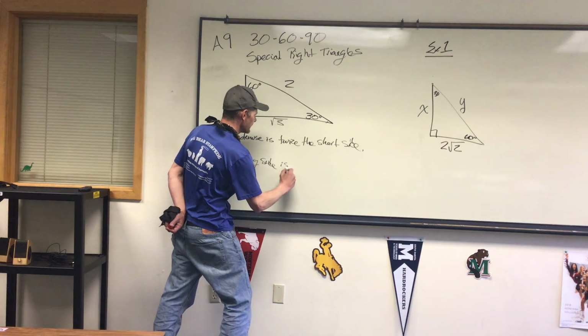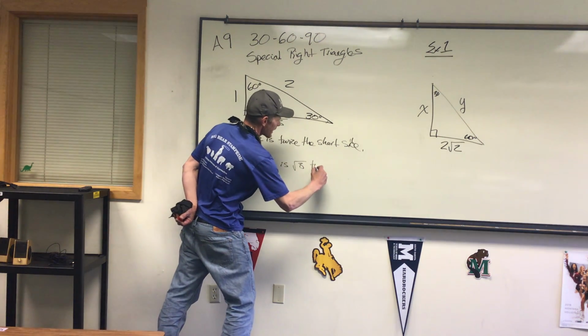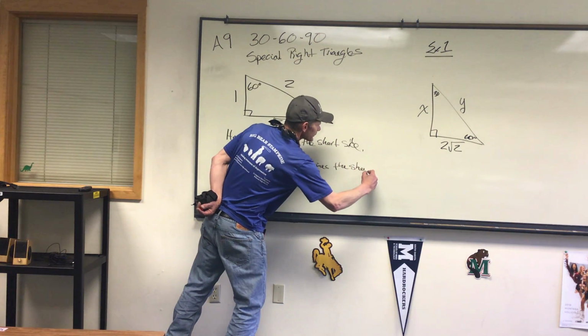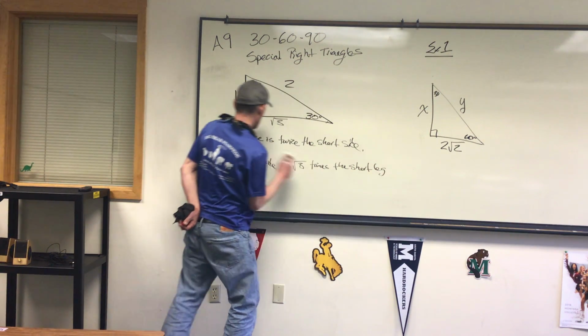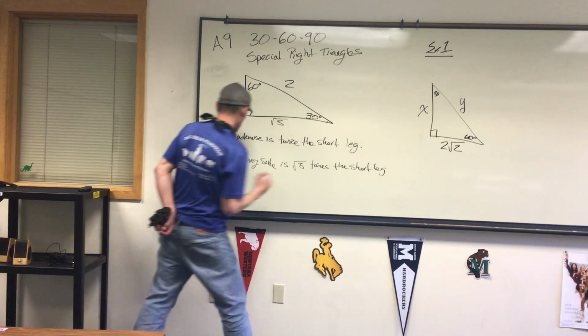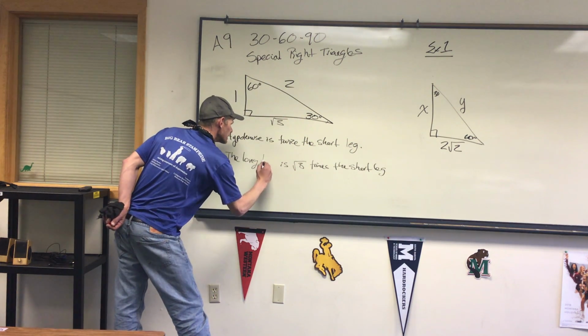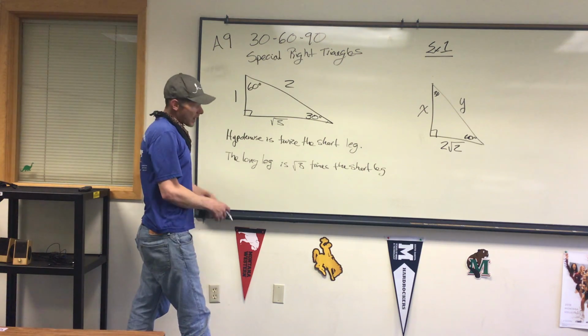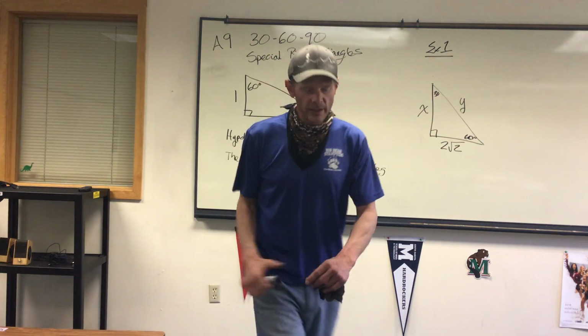So the long side is square root of 3 times the short side. Or maybe I should say leg. I will change that to leg. The hypotenuse is twice the short leg, and the long leg is square root of 3 times the short leg. Okay, that's how that works for 30, 60, 90 triangles.